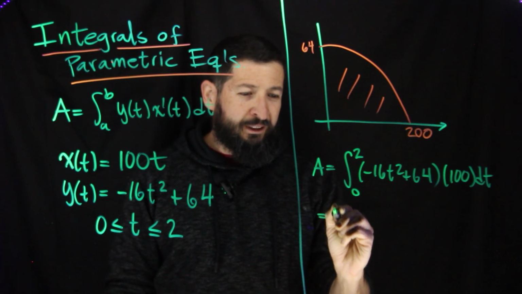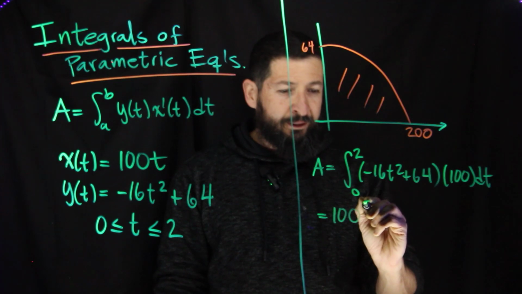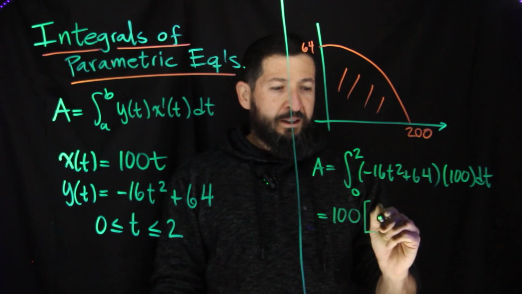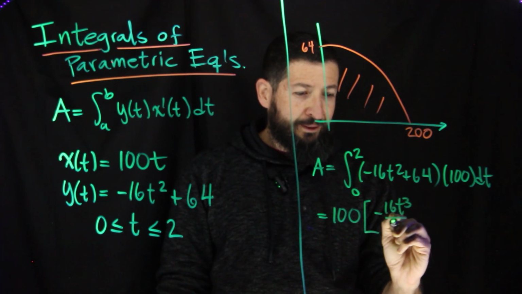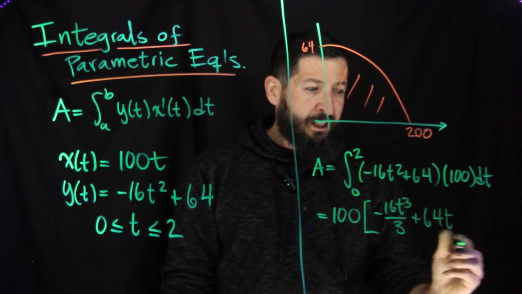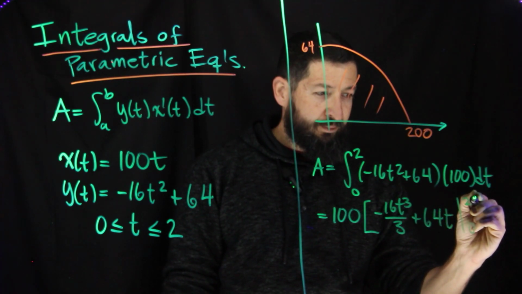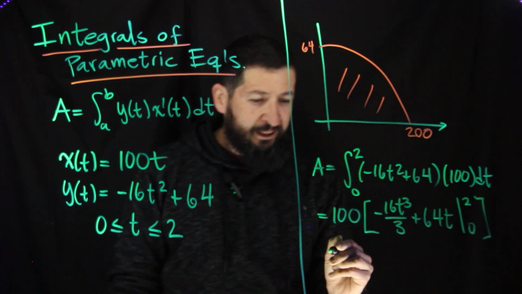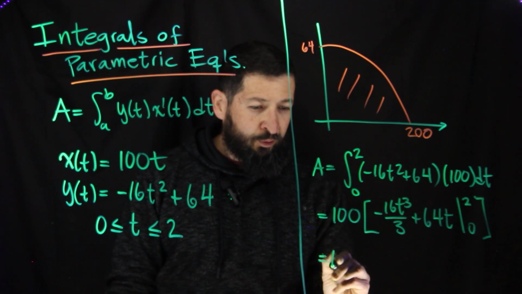So I probably should keep that 100 as a common factor. Then I go ahead and integrate. So this is going to be negative 16 t cubed over 3 plus 64t, and I'm going to evaluate between 0 and 2. And then it's just a matter of doing the numbers, whatever that will turn out to be.